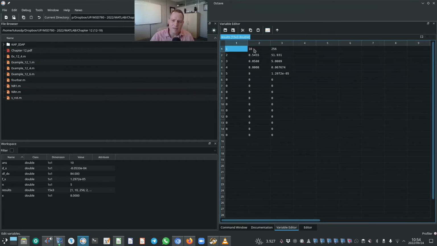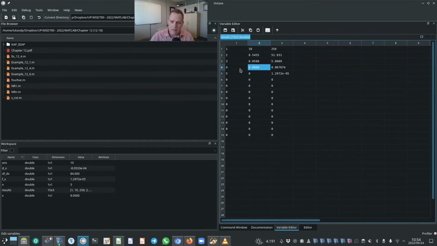So step 1, the initial x value is 10 and the function value is 256. It changes x to 8.545, function value 51. Next it changes the x value to 8.0588, function value is 5.089.